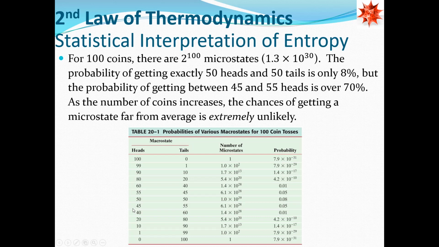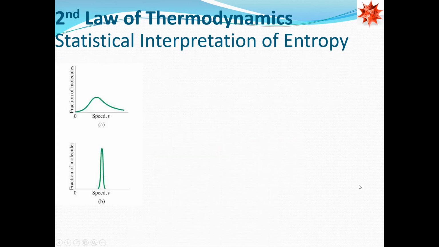It turns out that getting somewhere between 45 to 55 heads will give you a much greater range, and you most likely get it within 70%. But as you get further and further away from this middle section, where you get less and less microstates, the probability of getting there is much more unlikely.